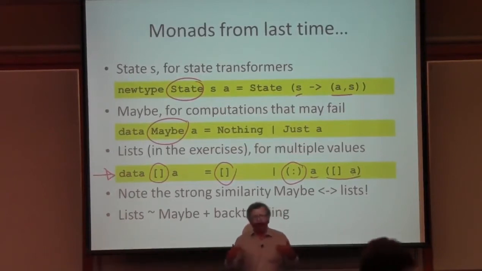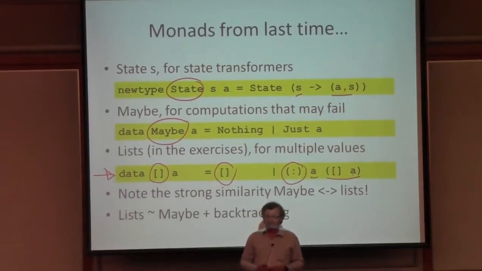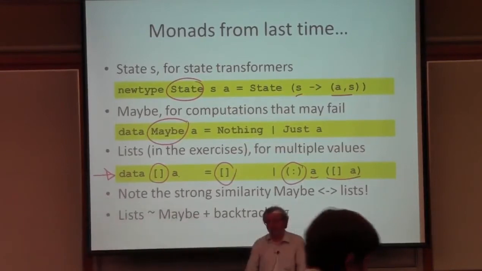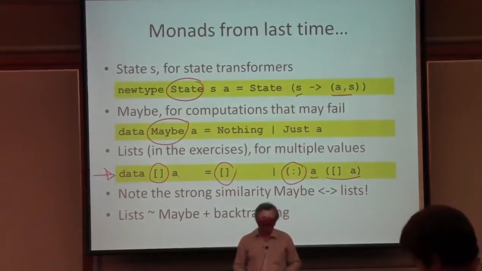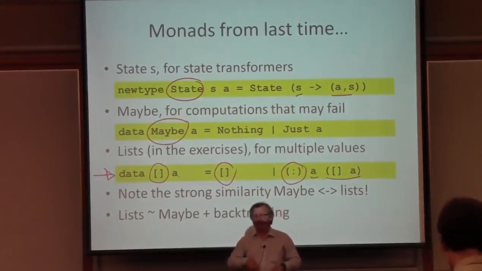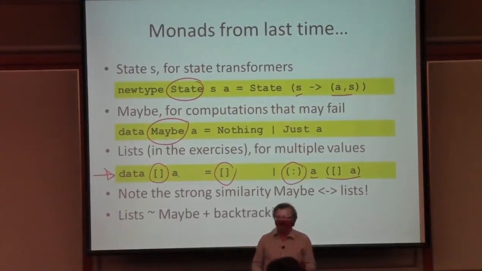So if you compare the type definitions for the maybe type and the list type, you can see that they're very similar. They're both types with one parameter. They both have a kind of empty case, nothing or the empty list. The only difference is that when maybe represents success by just A, the list type gives us both an A and another list, more A's.